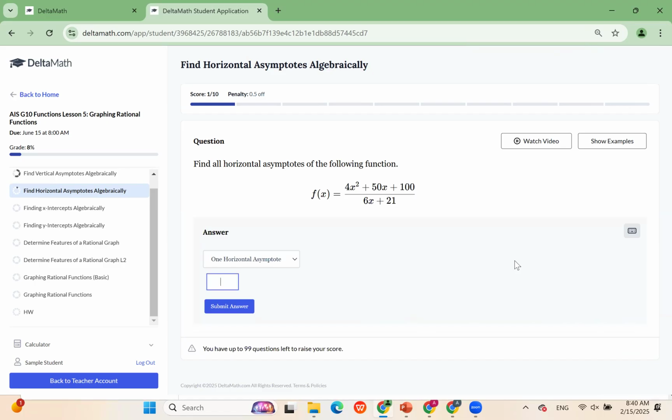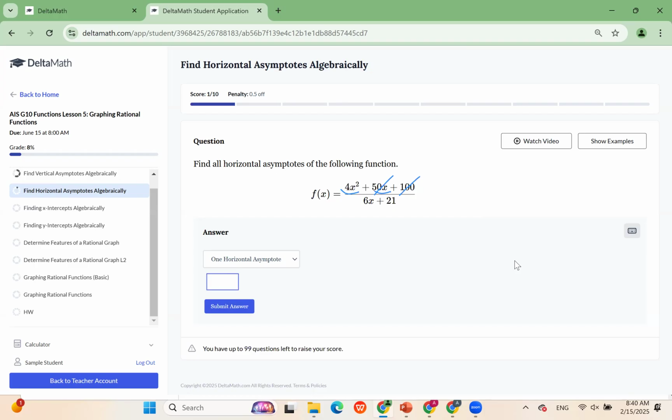So again, the idea is we're plugging a very big number into x, and this makes everything insignificant except the highest power of x. So if we put 1 million here, we get 4 million millions versus 50 millions. Of course, this is insignificant, and the 100 is insignificant as well.